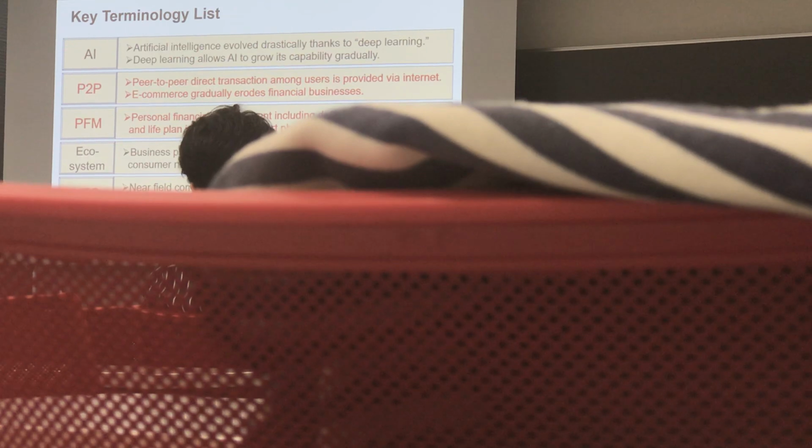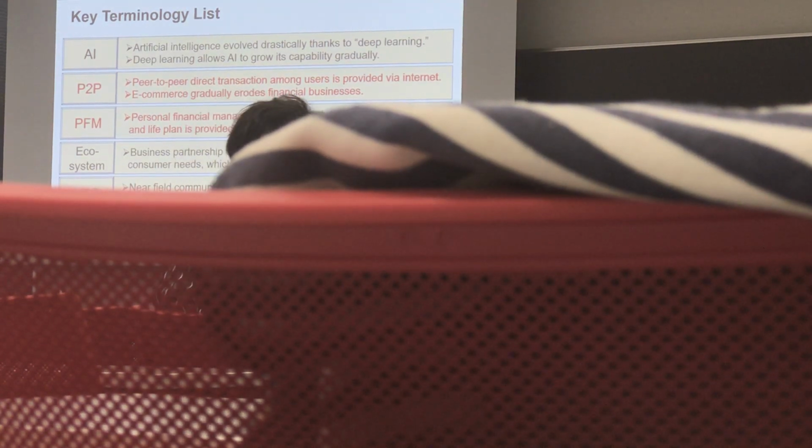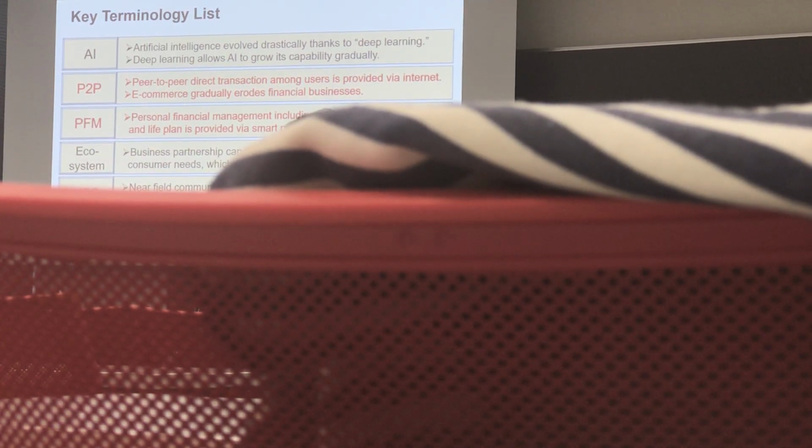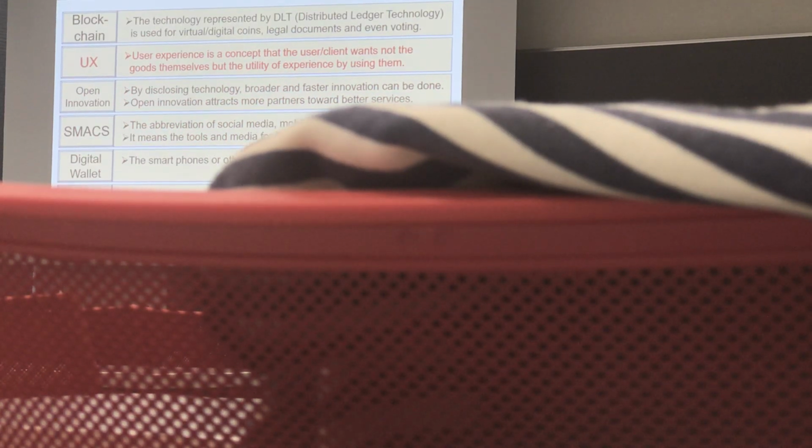And then we're down to number 2, key terminology. Please super highlight a couple of terminology. The first is B, method. 1, P2P, peer-to-peer, direct deal between internet users. So please remember P2P as a key terminology. And C, service, PFM, personal financial management. And also UX, user experience, core benefit of the users from service.